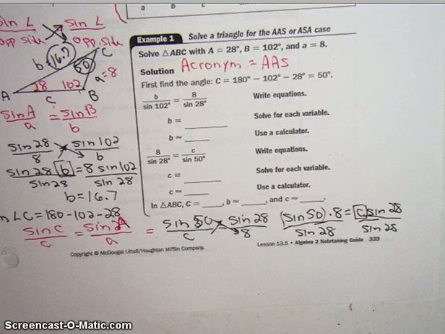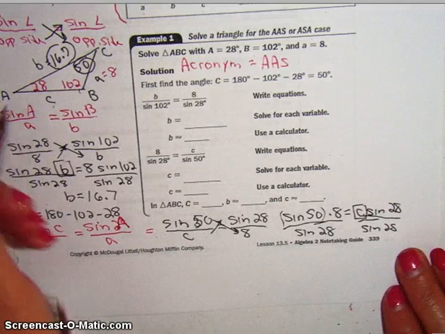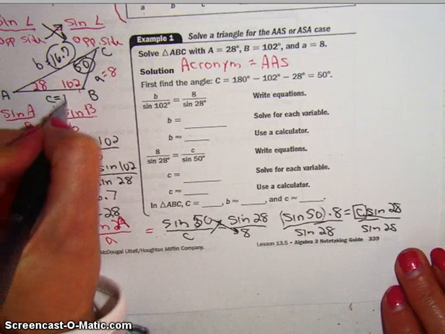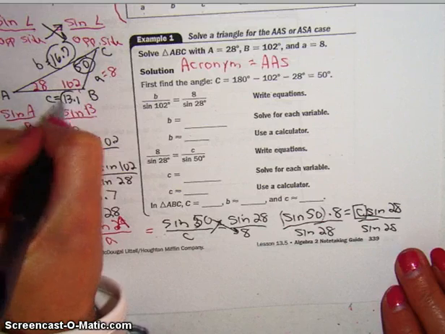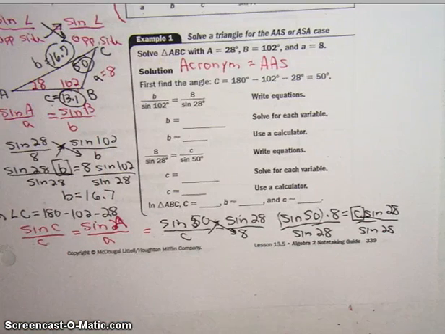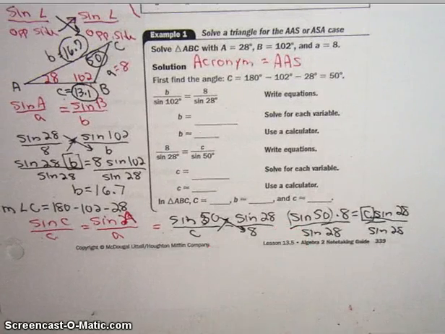Can you punch that all in one line? I think you can. What did you get? 13. Yeah. I choose to put it in the picture and circle it. Okay, everybody good?